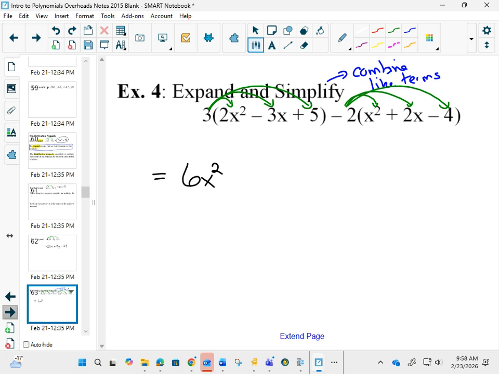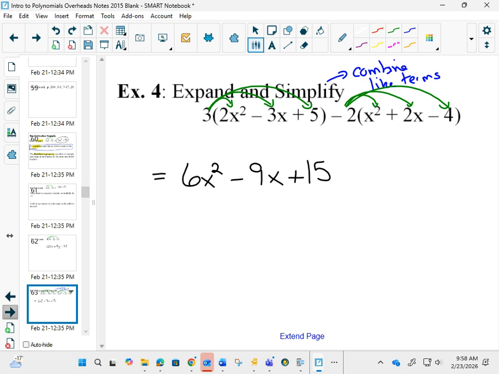And then 3 times a -3 is negative 9. Positive times a negative is negative. And 3 times 3 is 9, and you'd still have the x there. And then 3 times the 5 is going to be 15.